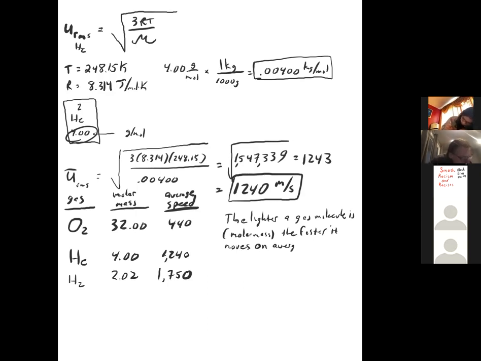I have to say on average because some of them are moving slower, some of them are moving faster, but on average, they move faster. The heavier a gas molecule is, the slower it moves on average.